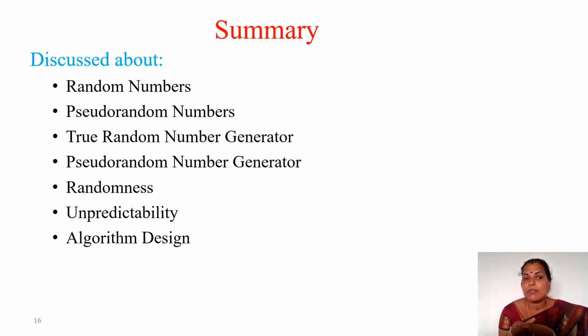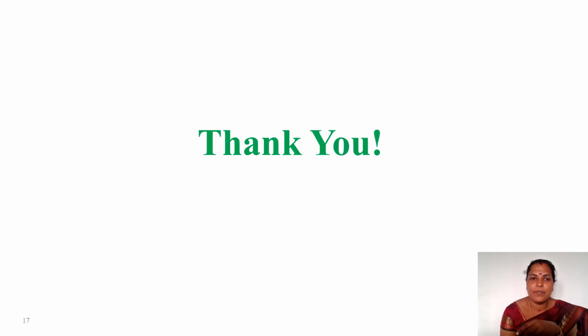And we have seen 2 important properties of a random number, that is the randomness property as well as unpredictability, and based on what type of algorithm these pseudo random numbers are generated. For that we are having 2 different algorithms. One is the purpose specific algorithm and another one is the cryptographic algorithms.